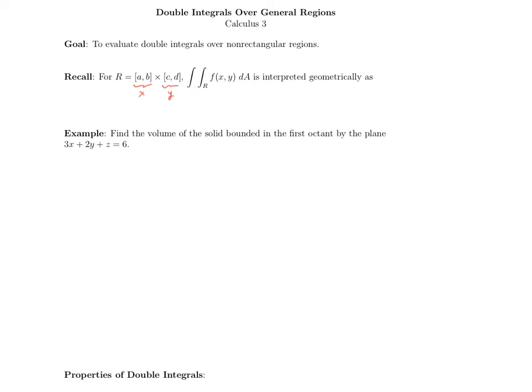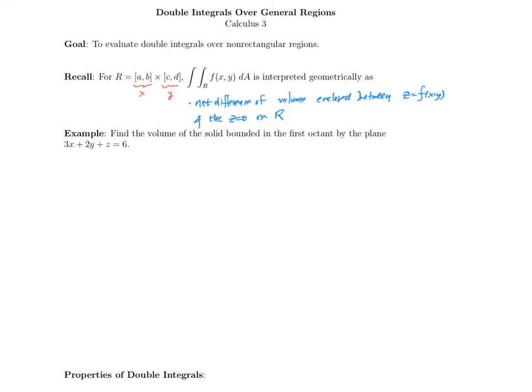And the double integral of a function of two variables over this rectangle is interpreted geometrically as a net difference of the volume enclosed between the graph of the function, so that would be the surface z equals f of x, y, and the z equals 0 plane, all on or above that rectangular region R.